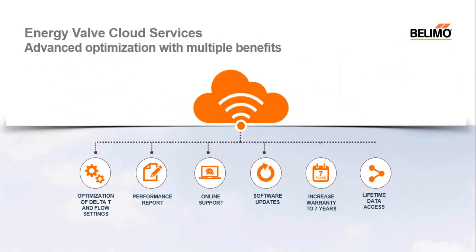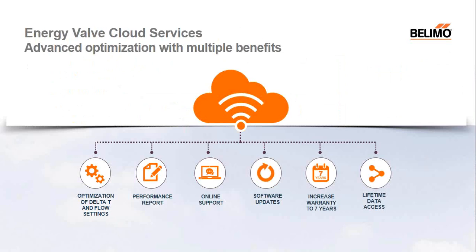As I mentioned before, the Energy Valve is an IoT device utilizing cloud analytics to provide advanced optimization with multiple benefits. So now I'd like to talk to you a little bit about our suite of cloud services that we offer. The first one is optimization of delta T and flow set points.